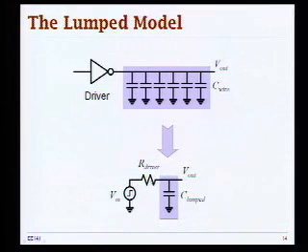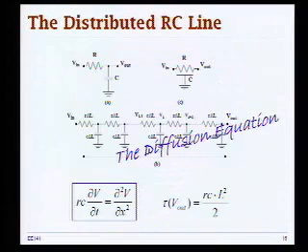But as we go toward higher frequencies, that no longer becomes true, because our gates are improving in performance and the wires are not following the same trend. So eventually we will hit the point where we have to start thinking about more accurate models for wires.